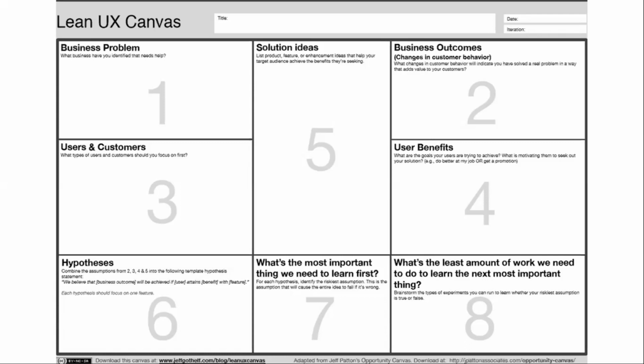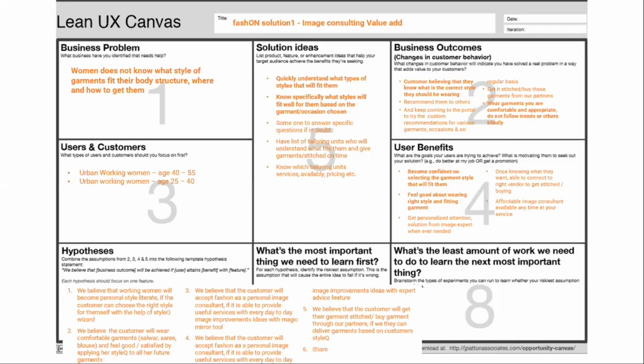Right, absolutely. So this is one example of using the Lean UX canvas. In this example, it is for a fashion idea, image consulting value add. So what is the business problem we have identified?